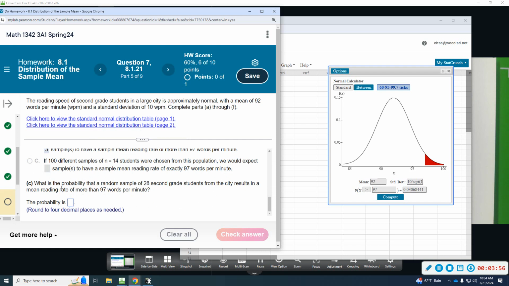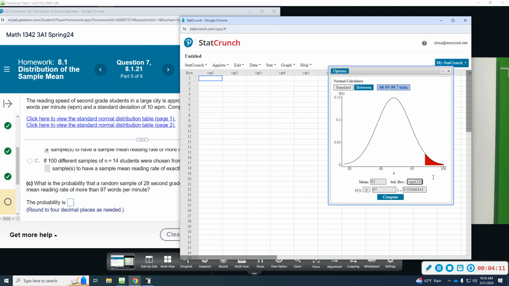And then part C, what's the probability that a random sample of 28 would result in reading more than 97 words per minute? So our sample size has changed. So I'm just going to come over here and change our sample size from 14 to 28.